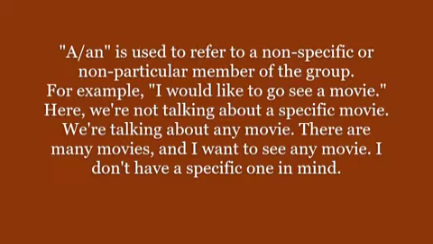We are talking about any movie. There are many movies and I want to see any movie. I don't have a special one in mind.